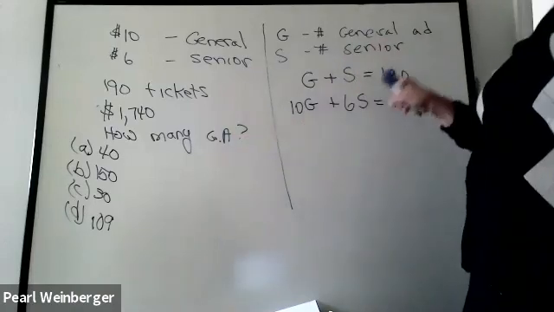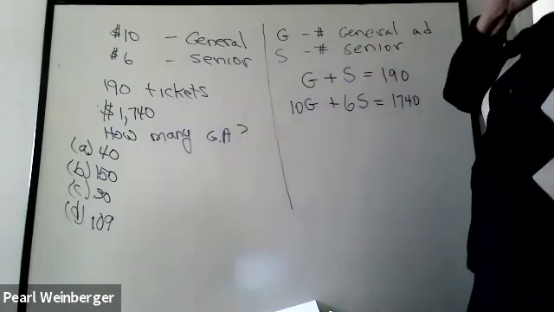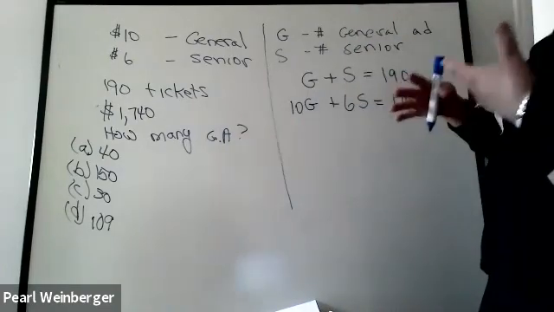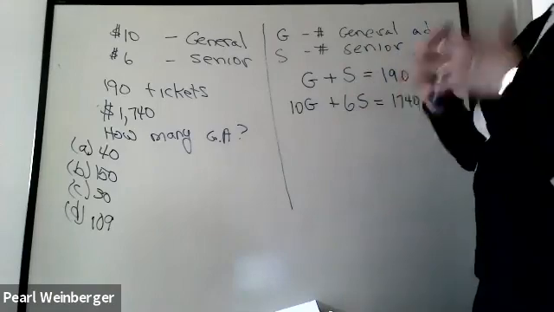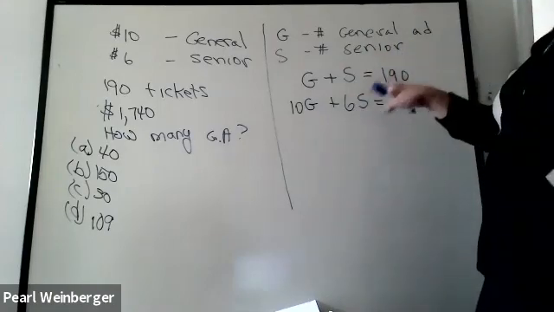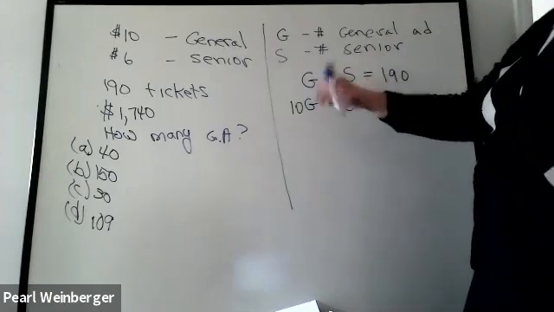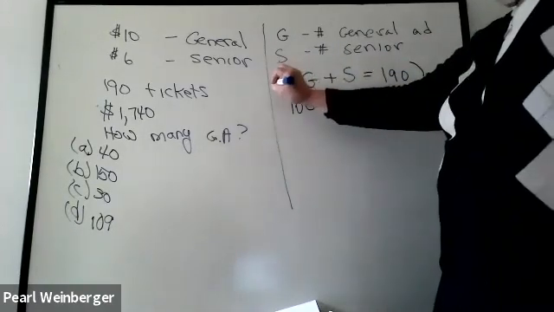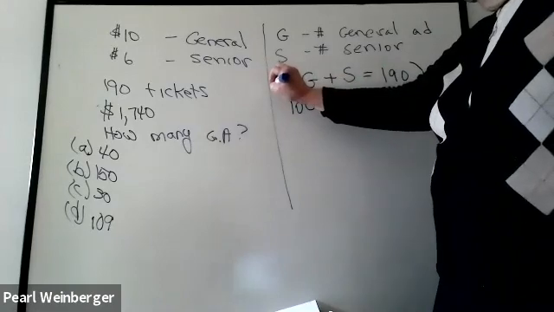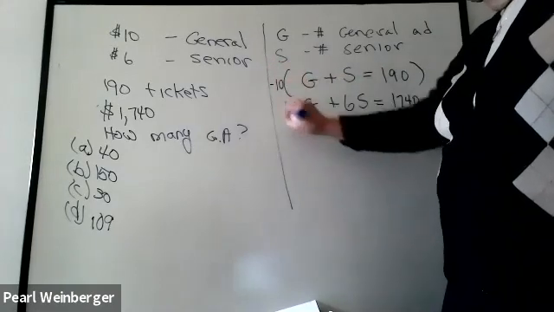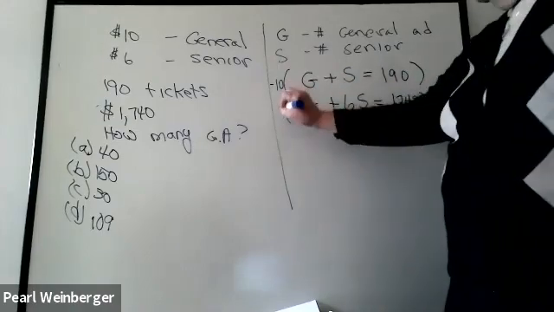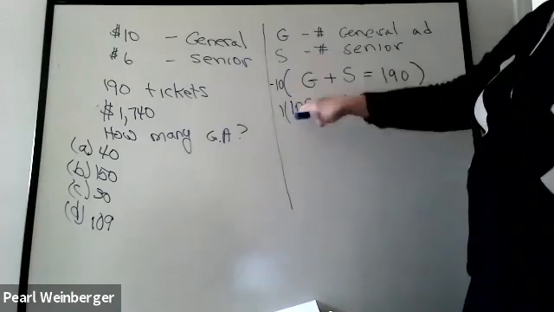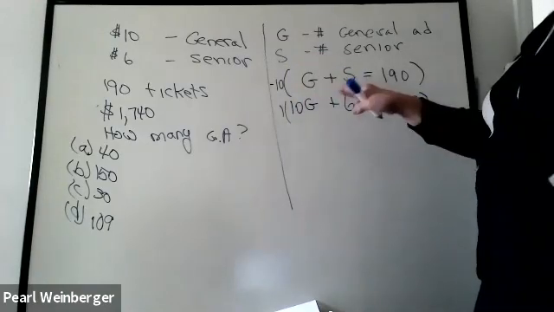Okay, so that means let's get rid of the S. Now, if I figured out what the S is, I could still figure out what the G is, but since they specifically asked me for the general admission, let's work it efficiently and get rid of the G. In order to get rid of the G, I'll multiply this by -10 and this one by 1, because we multiply by the opposite coefficients.